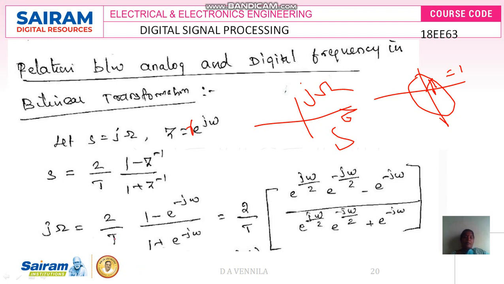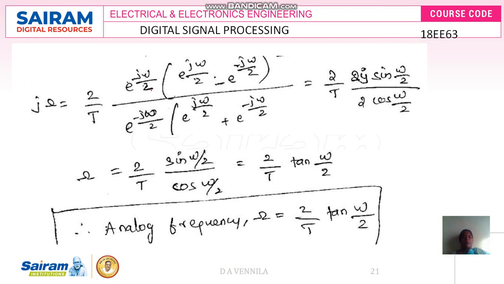Now here we write this one as e power j omega divided by 2 into e power minus j omega divided by 2. If you simplify, the terms cancel and e power 0 will be equal to 1, so this 1 will be replaced in the numerator and denominator. After simplifying, the common term is e power j omega divided by 2.